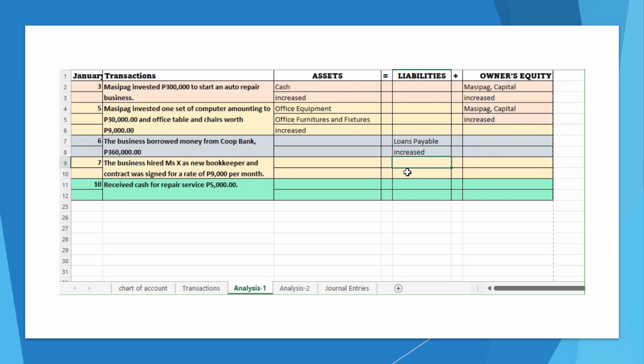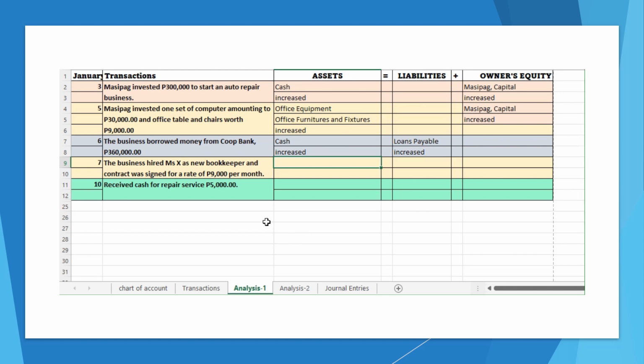And then what is the other account affected in this transaction? Borrowed money. So, proceeds of loan is cash and it is increase. So, balance. Increase in assets, increase in liabilities.